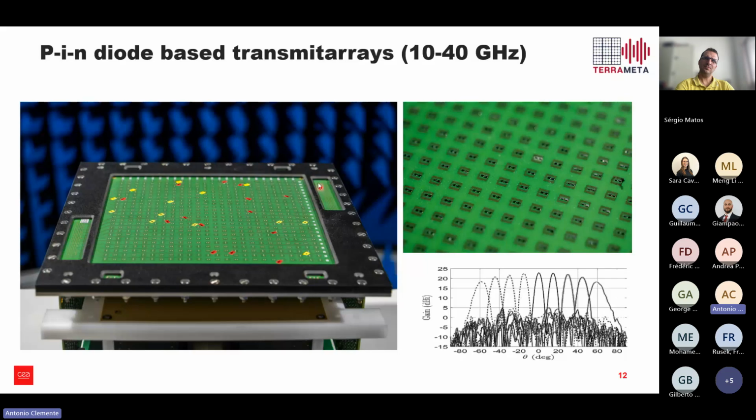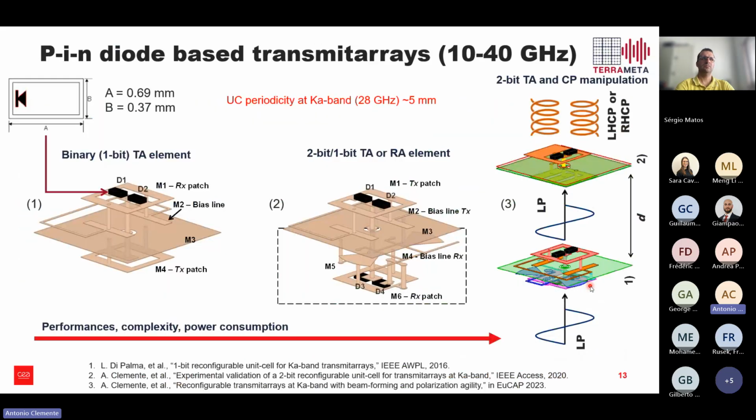On each element you have 4 pin diodes: 2 on the top level and 2 on the bottom level. By controlling the pin diodes, we can generate a reconfigurable beam control, as in this case. When we look at the different architectures that we can use in the frequency band up to 40 GHz, you can see that we can increase the complexity of the unit cell.